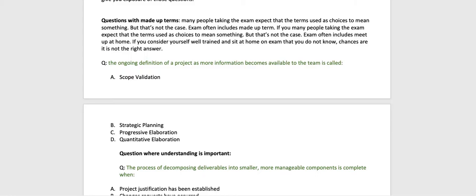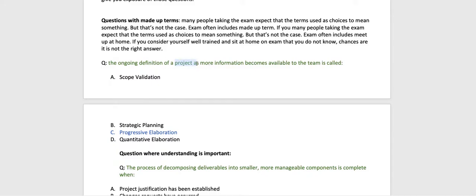It is saying the ongoing definition of a project as more information becomes available to the team. What is it called? Obviously, it's going to be progressive elaboration, because more information keeps coming to them. Just try to think with the right brain what the answer can be.